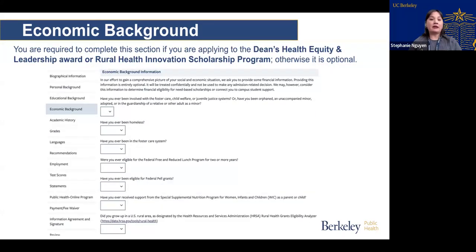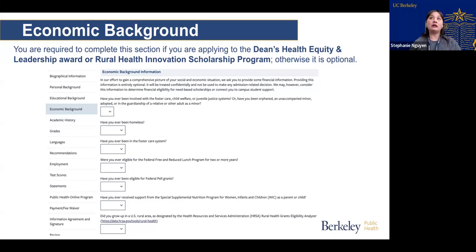And moving into the economic background, this is going to cover all the details around your experience if you used a federal Pell Grant, living situation, and more importantly, scholarships. If you are planning to apply to our scholarships that are available for your application term, you'll want to make sure to include that here.